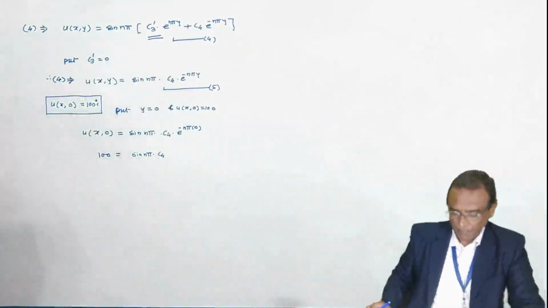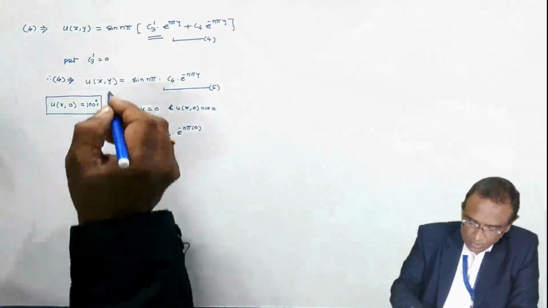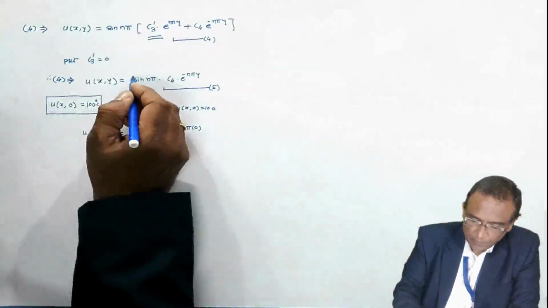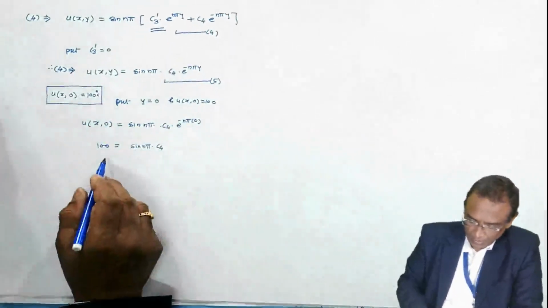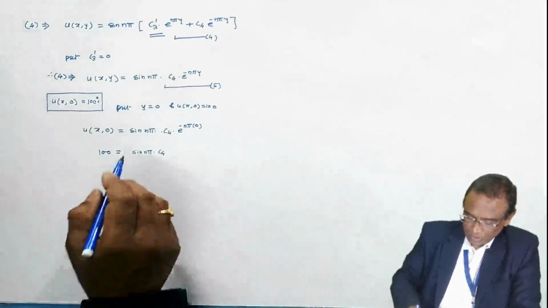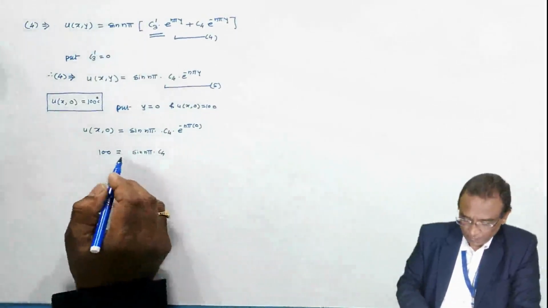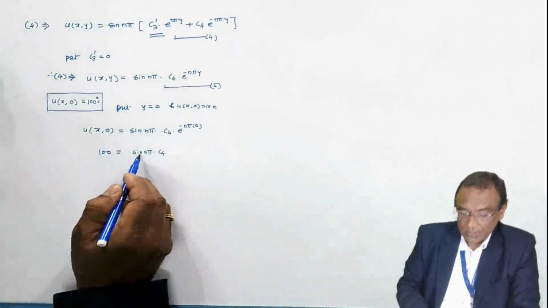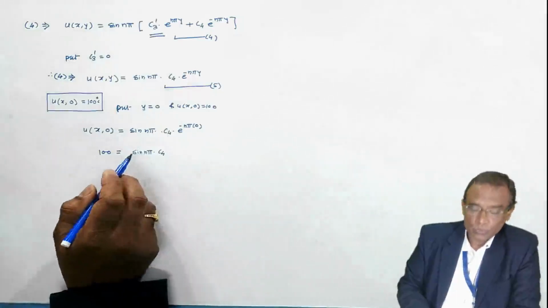It is 100, and this is a summation. Now, 100 is equal to this sum of sin n pi terms. When a constant number is equated with a sine or cosine function, we use the Fourier series.